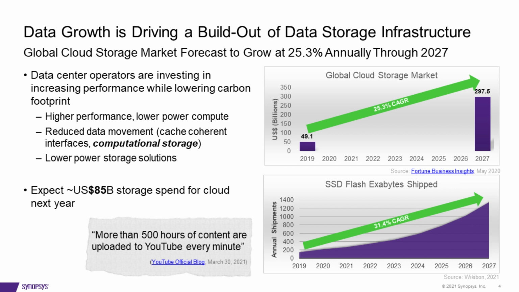But at the same time, they're increasing the data storage, they want to reduce energy expenses and the carbon footprint associated with their operations. In order to do that, they're focusing their investments on higher performance and lower power compute capability, reducing data movement because data movement itself is a somewhat energy-intensive process. And to do that, they're looking to cache coherent interfaces and, of course, computational storage, which is what we wanted to focus on in this discussion.